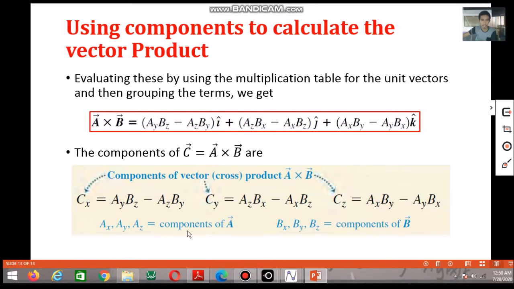Ax, ay, az are components of vector A, and bx, by, bz are components of vector B. Okay, so this is the cross product of vectors using their components.